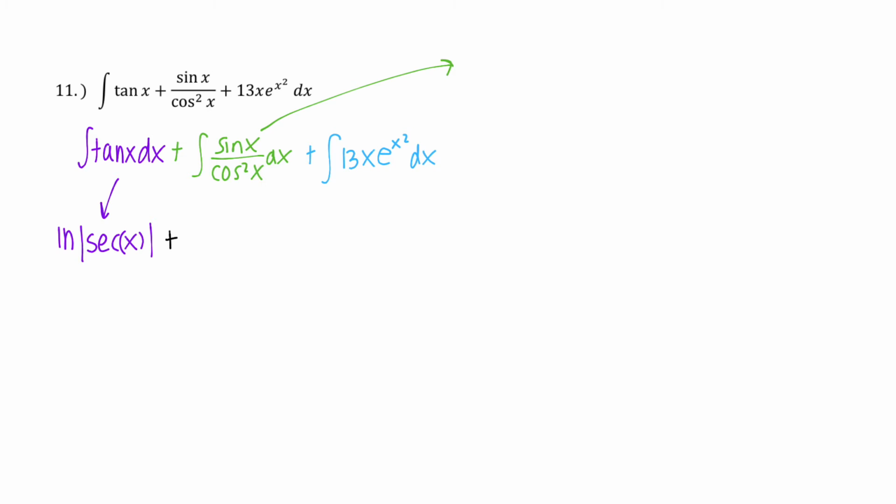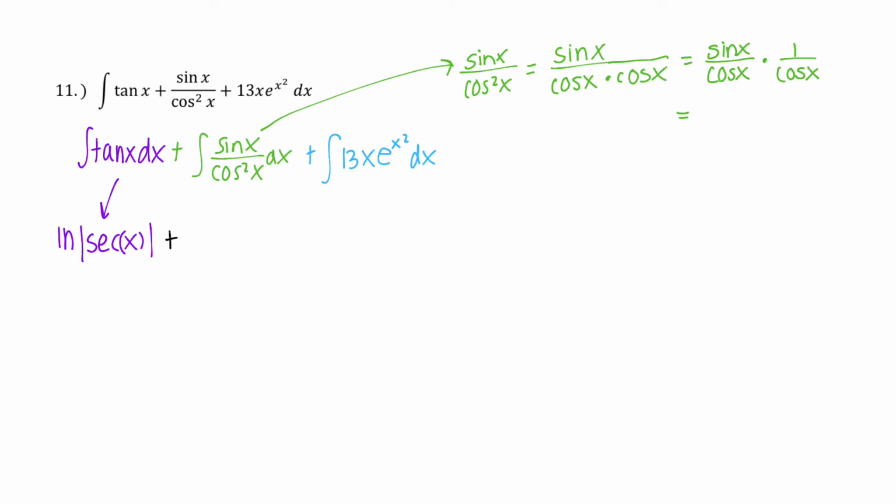For the sine x over cosine squared x, it's time to think about some of the trig that we know. Sine x over cosine squared x is the same thing as sine x over cosine x times cosine x. You want to be on the lookout for situations like this. You might think u sub, and you could try u sub and see if it gets you anywhere. But if you're tricky, this can be a little faster. This could be written as sine x over cosine x times 1 over cosine x.